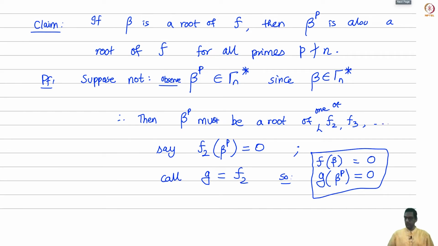Now, what does this mean? You look at this: f of beta is 0, g of beta to the power p is 0. So if I form the new polynomial g tilde of x, what is g tilde of x? It is the same as g evaluated at x to the power p.